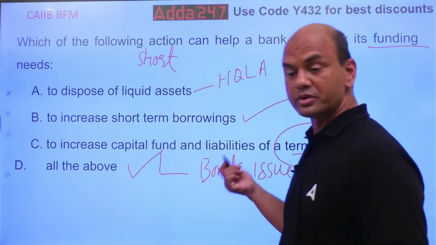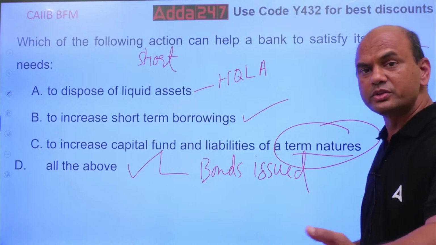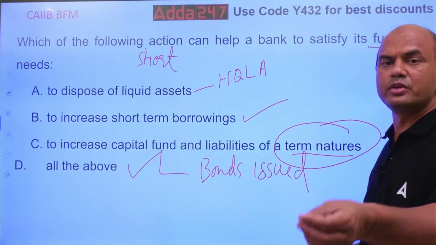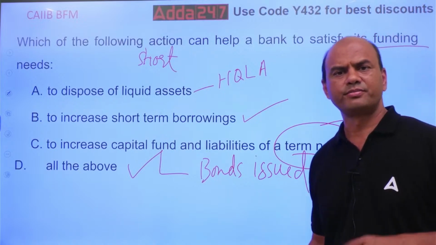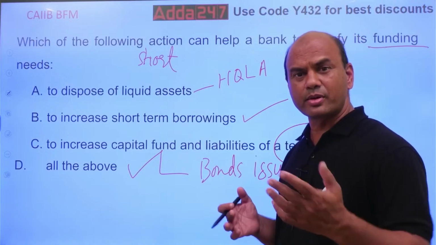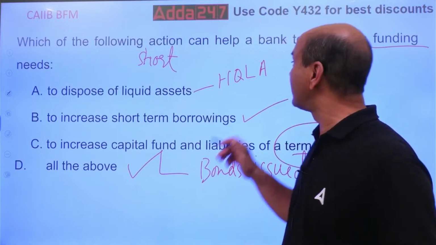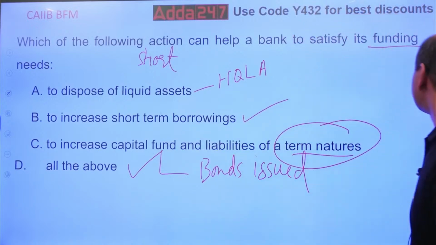I've issued the bonds of long-term nature. I've given you the bonds, you are giving me 10 lakh rupees, and I'll be giving it back after 10 years. Isn't it good for me? Of course, rate is a problem, but my present problem is solved. Funding risk is generally of short-term nature. So answer is this. Got it?